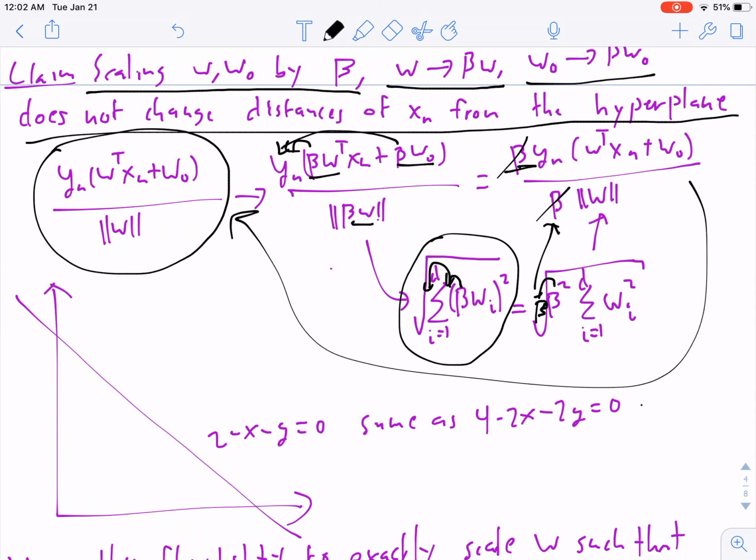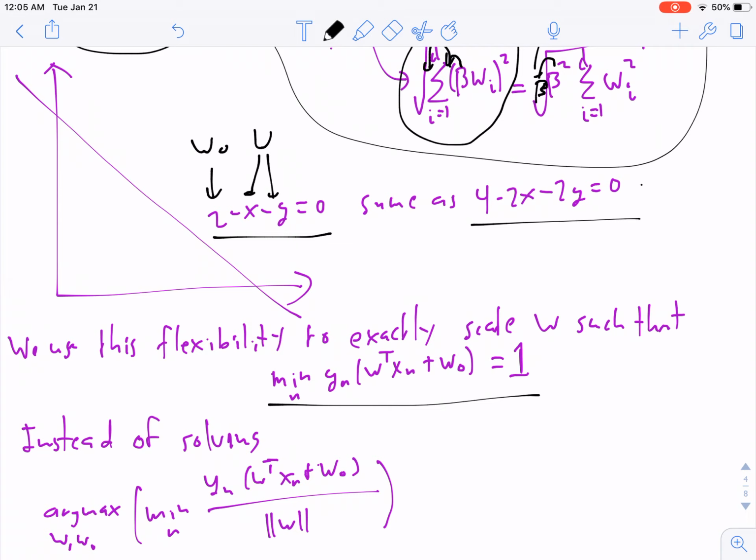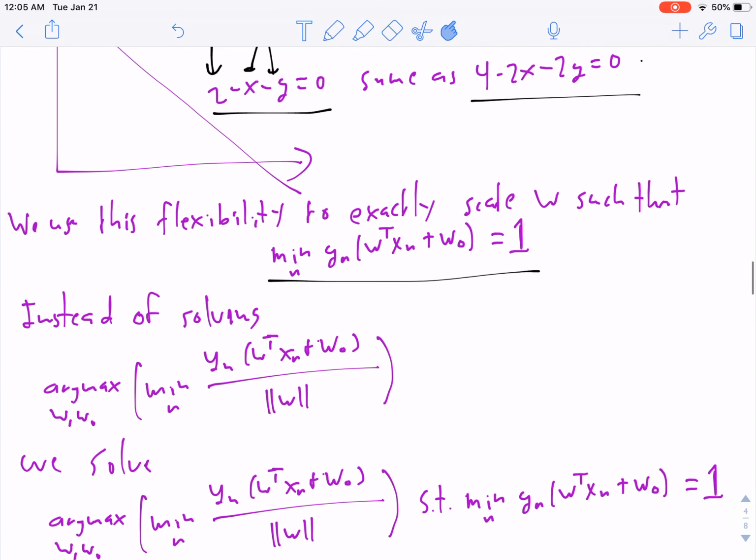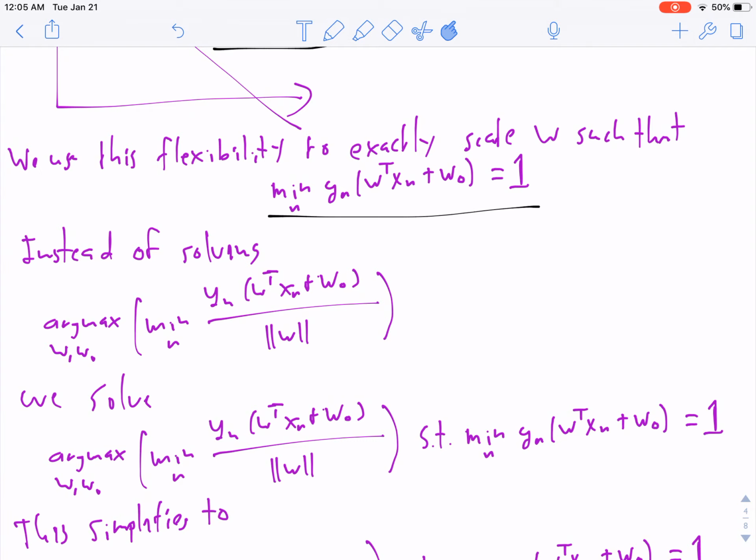So this claim gives us the flexibility to scale W such that the below holds, that the minimum over all data points of yn times W transpose xn plus W naught equals 1. What exactly do I mean by that? Well, as I said before, we're going to try and transform the problem that we're solving into something that is easier to solve. So we have this problem here, right? And that will give us some W and some W naught.